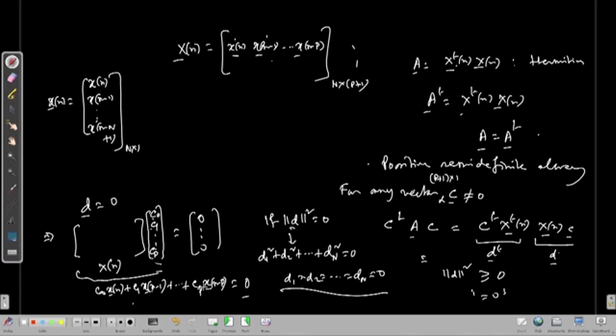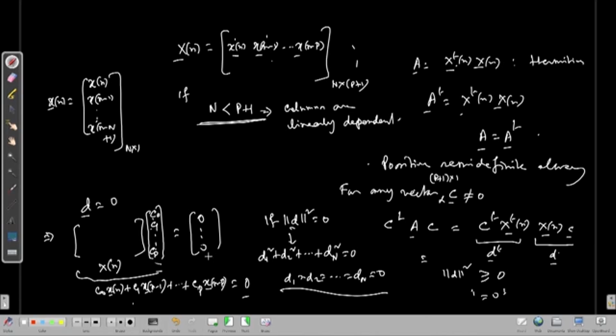But this may not happen if the number of rows n becomes less than p plus 1. Then the columns are linearly dependent, and I will tell you why.